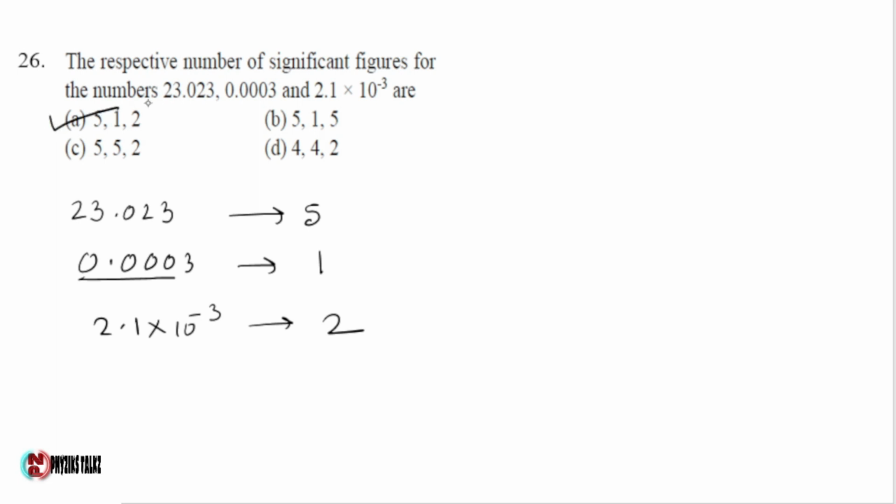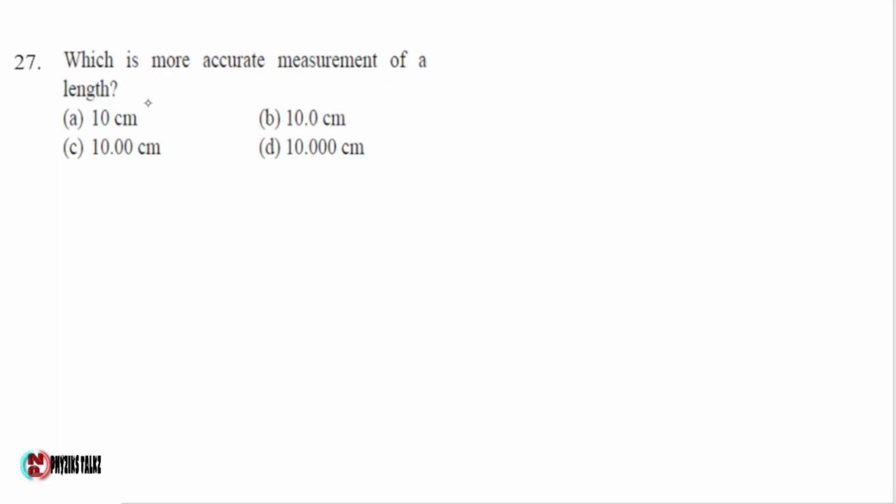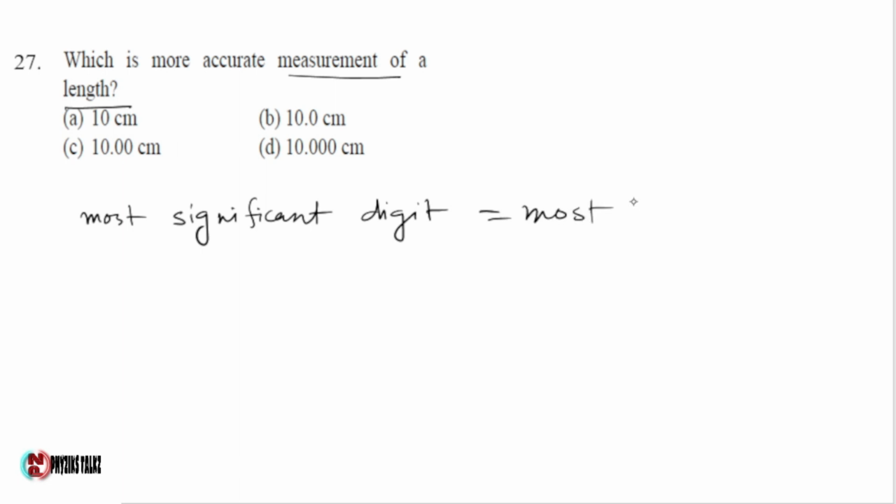So the option is A. Next question. Which is the more accurate measurement of a length? Now the one which has the most significant digits is the most accurate measurement.